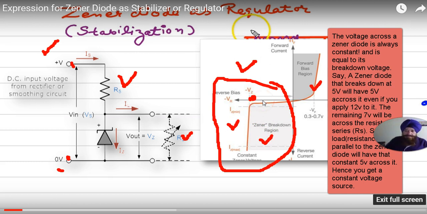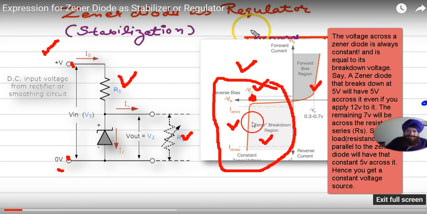There are two types of breakdown, Zener and avalanche breakdown. But if the PN junction is heavily doped, the first breakdown happens at the Zener voltage. So this is a Zener breakdown. So when the Zener breakdown takes place, what is special? The voltage here remains constant, which is called the Zener voltage.